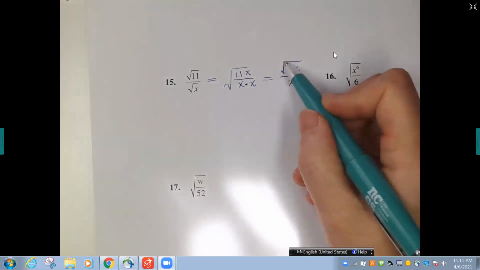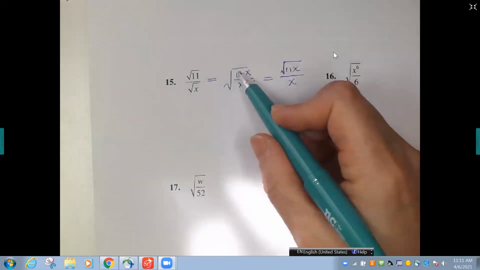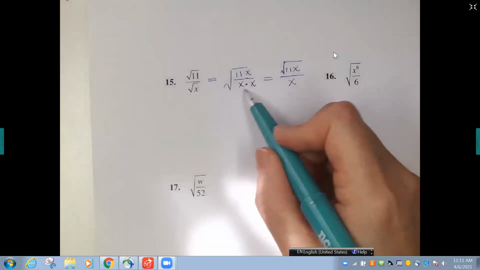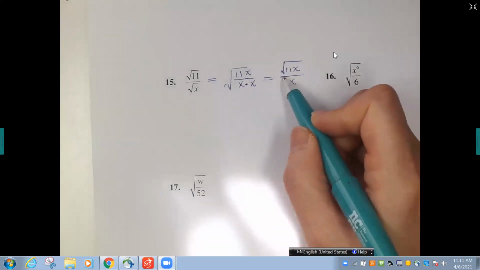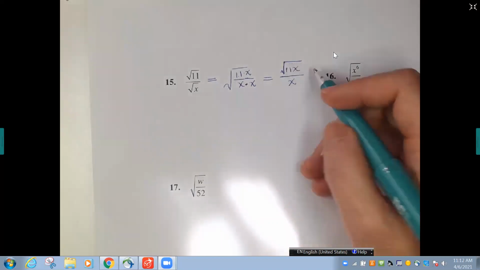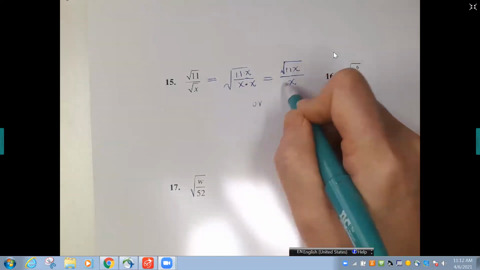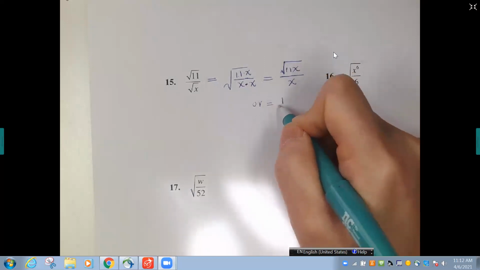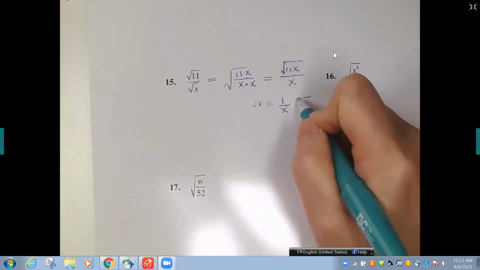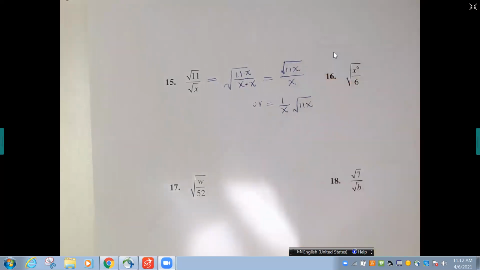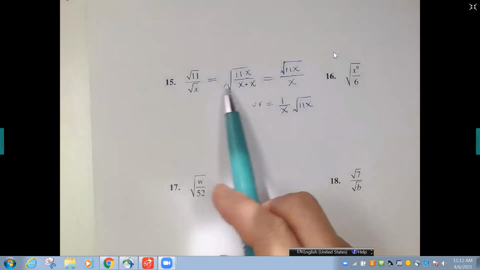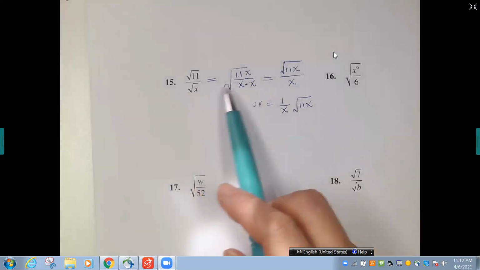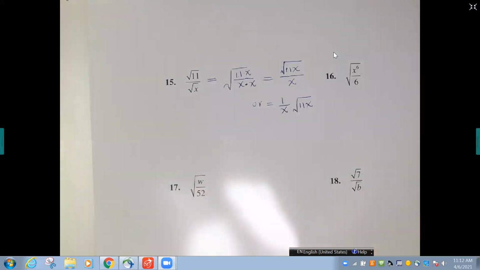This radicand is for the numerator part only, and the x times x that is moved out is not included. So you can write the answer in this way, or if you don't like this, you can write this as 1 over x times radical 11x. Either expression is correct. How do we deal with that? We just multiply another one.